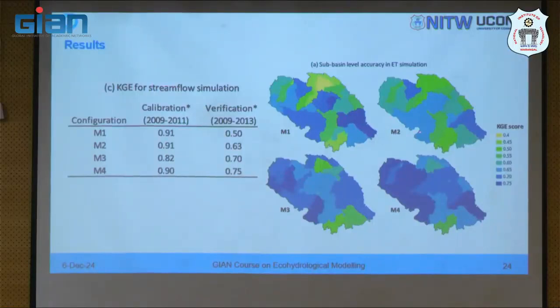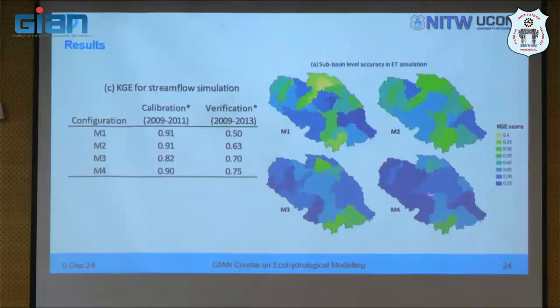Now when you go to M2, where you are incorporating the biophysical parameters, there is an improvement. The KGE scores for ET are increasing. Now that further increases when you are taking the lumped ET, M3, right? More of the subbasins are now at 0.6, 0.65 and above. And that further improves when you are considering a spatial discretization. Now, in this multivariable, multi-objective approach, they took the Euclidean distance and weighted average method.